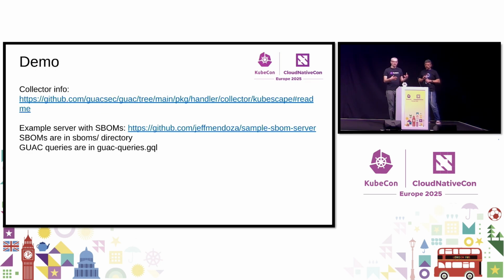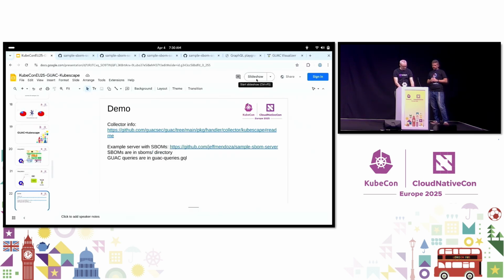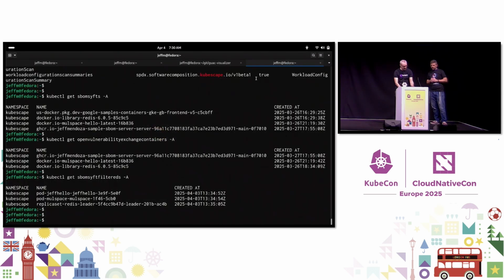Now that we have all these different SBOMs in GUAC, I want to analyze them, see what the differences are and explore that. To do that, I'm going to show a demo, a little example application. Before I show the example, I do want to show the cluster that I have running.